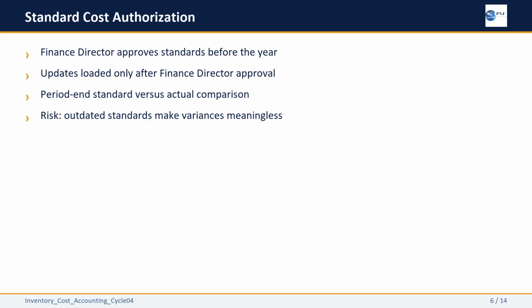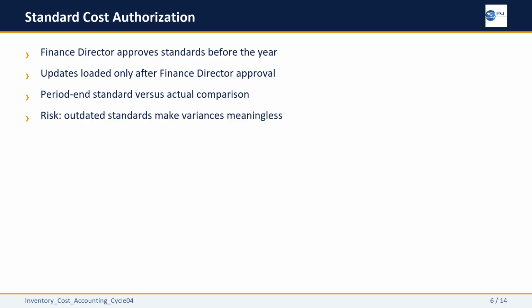The risk is an outdated standard cost. The annual review gets skipped, input costs move on, and suddenly your variances are meaningless. Inventory is carried at an incorrect value, and product profitability becomes misleading. The preventive control is authorization.